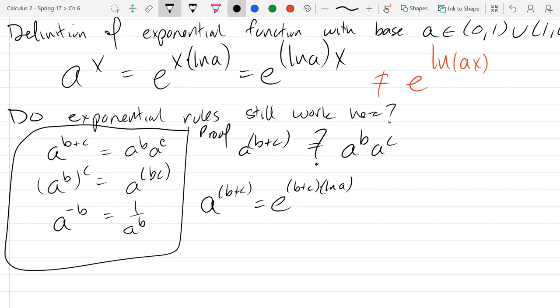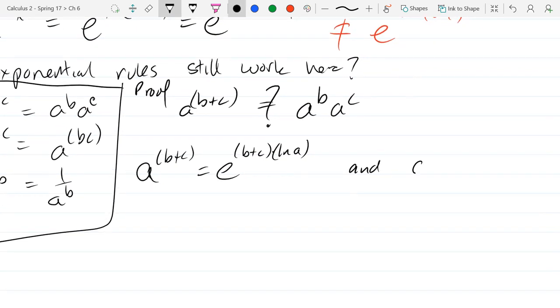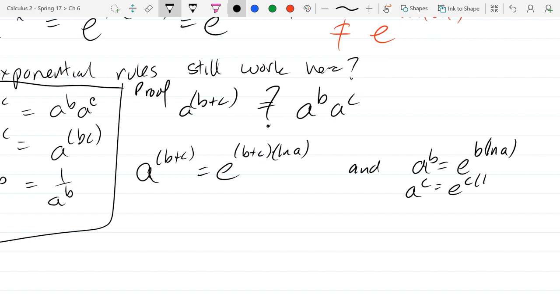So x is now b plus c. And the right side has two parts. a to the b is e to the b ln a, and a to the c is e to the c ln a. So there's going to be a lot of ln a's up in the exponents, basically.